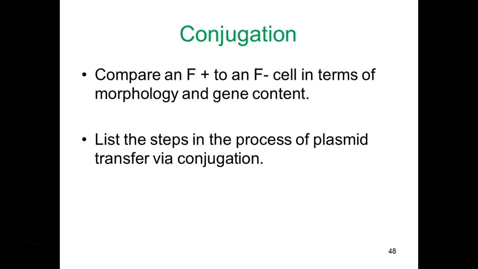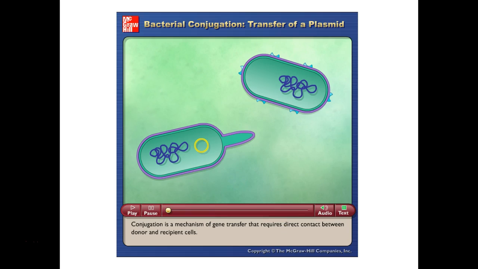So although conjugation can happen where chromosomal information is shared, we're going to keep it simplistic again. And we're going to just talk about the movement of a plasmid from one bacteria to another. So conjugation via a plasmid transfer. In this animation, you'll see that this guy has this plasmid, has the ability to make the sex papillus.